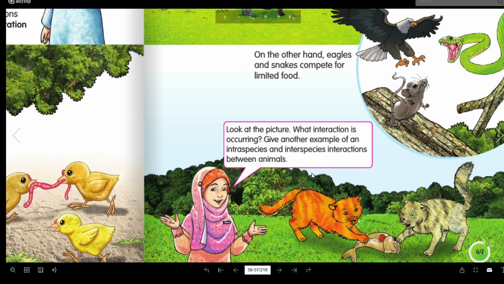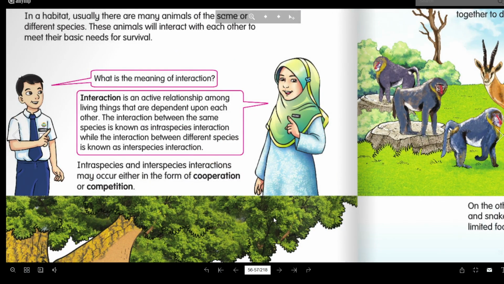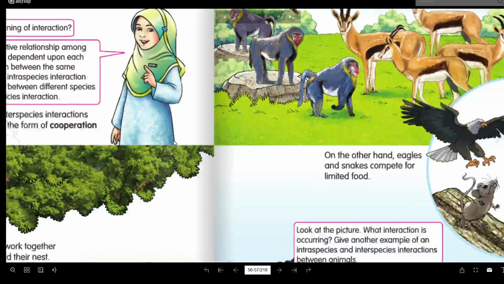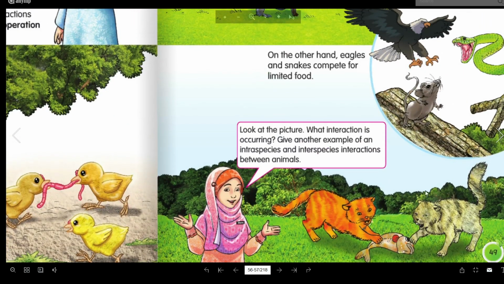So they are the same species interacting with each other, competing with each other for food, right? So what type of interaction is this? This is intra-species because the same species are interacting with each other, like cat and cat, right?